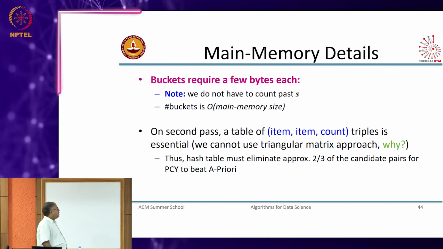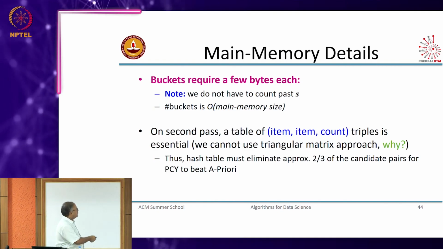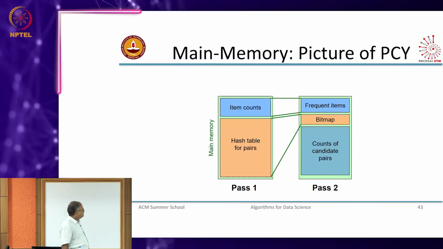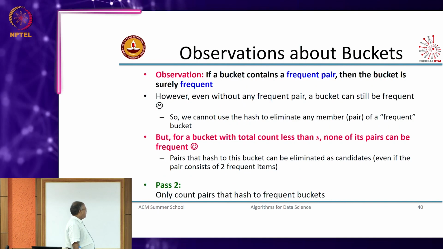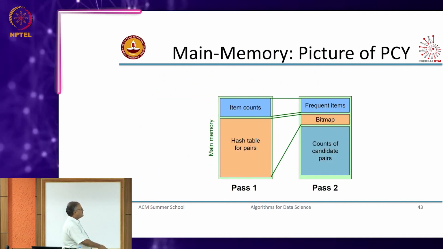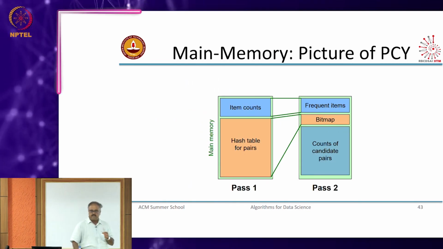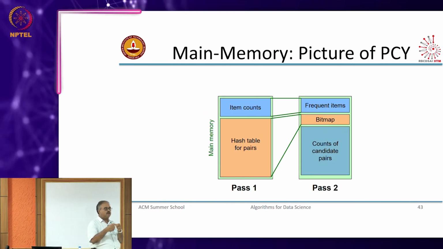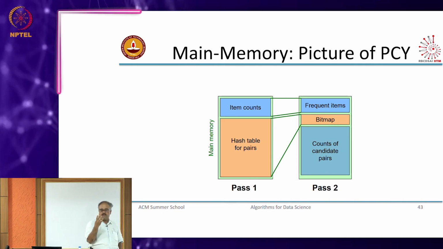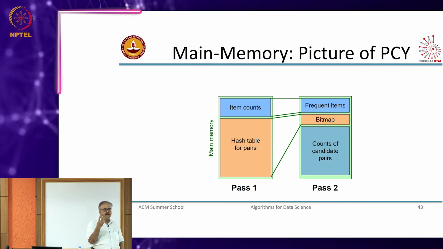You can do more efficiency. So what is it that we are talking about here? What does this hash table do? For each pair of elements it has a bucket, and the bucket has to hold a count. I said you need 4 bytes for the count, which means for every bucket you are going to need 4 bytes.